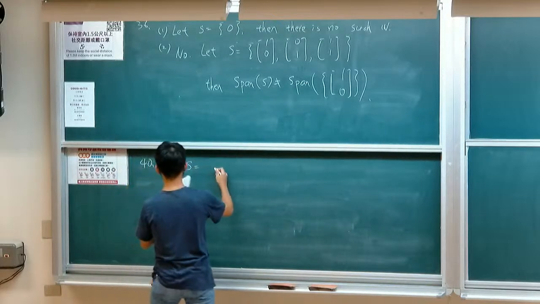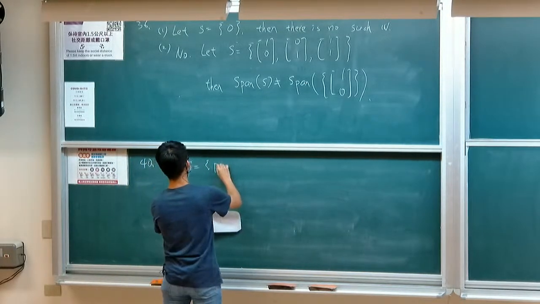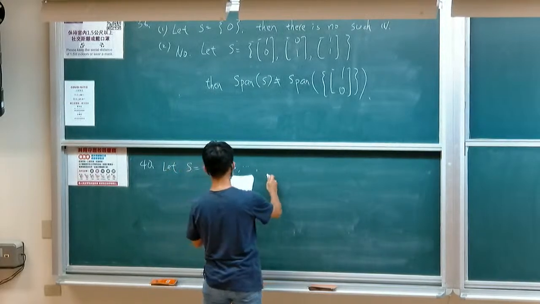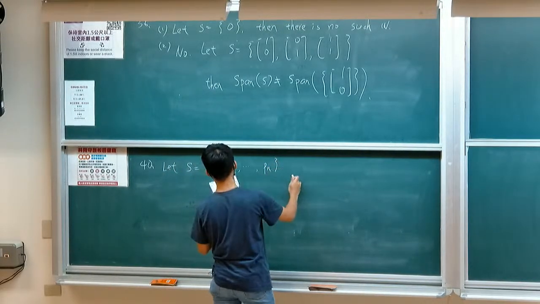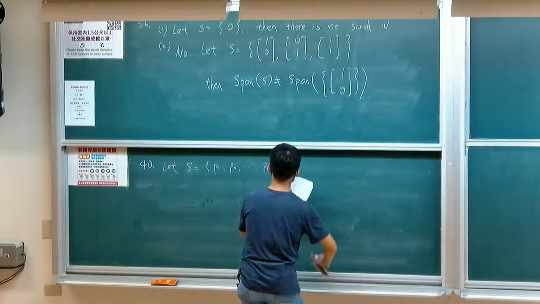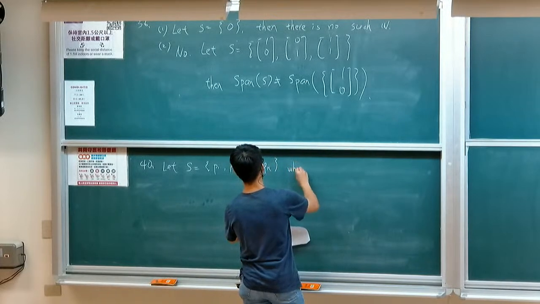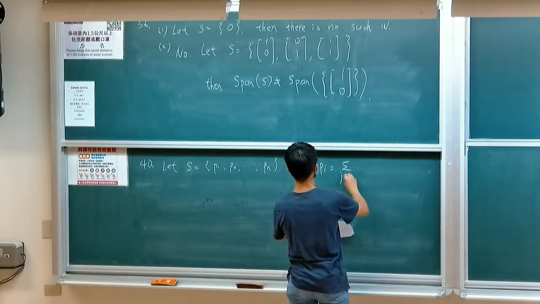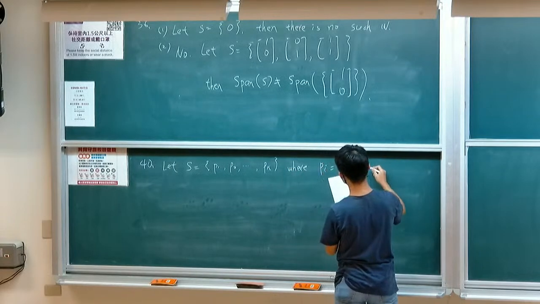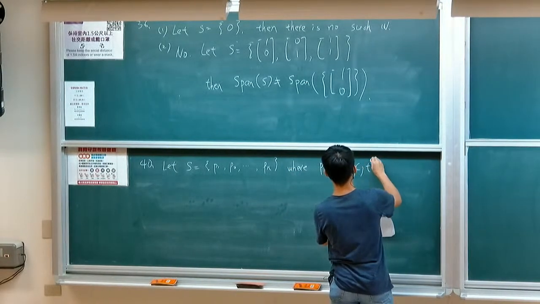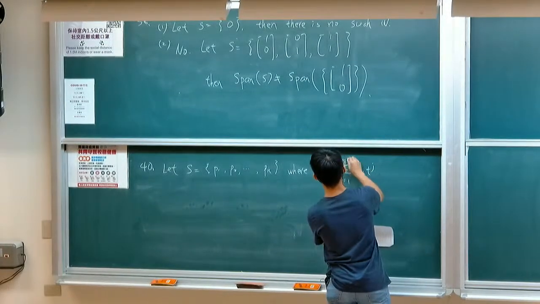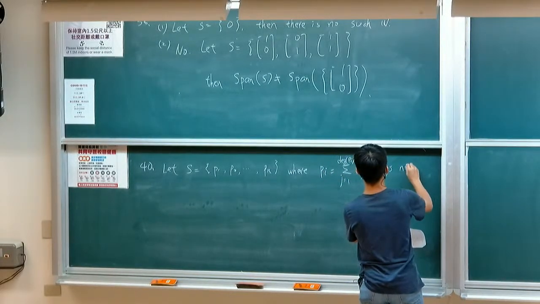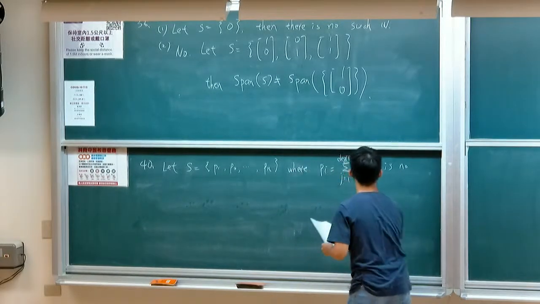First, we let S be a finite set of polynomials, where pi is a polynomial of t of degree of pi, and pi is a non-zero polynomial.